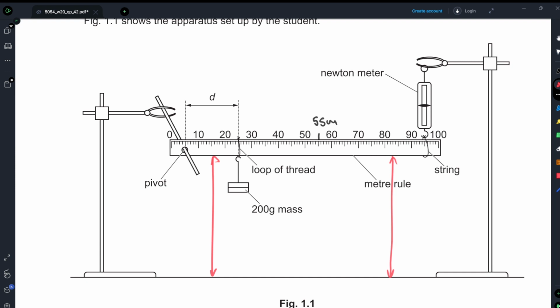ठीक है. अब अगर bench horizontal है नहीं है, that's not our concern. Why?